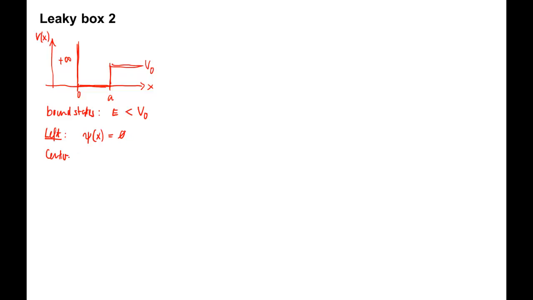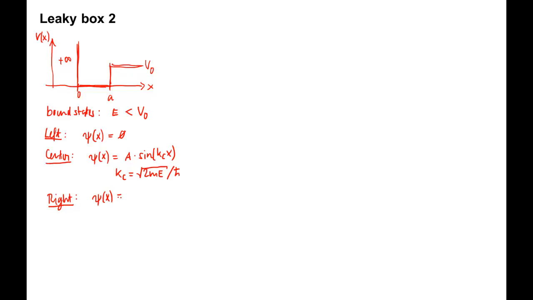In the center, the wave function is oscillating. Psi of x equals A times sine of kc x, where kc is a constant given by the square root of 2mE divided by h bar. On the right, finally, the wave function is a decaying exponential.